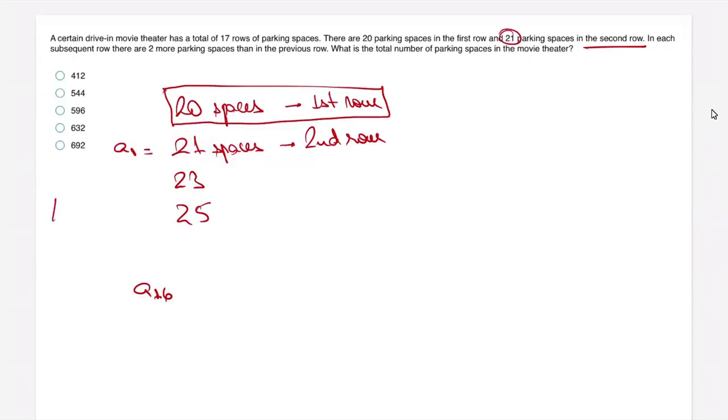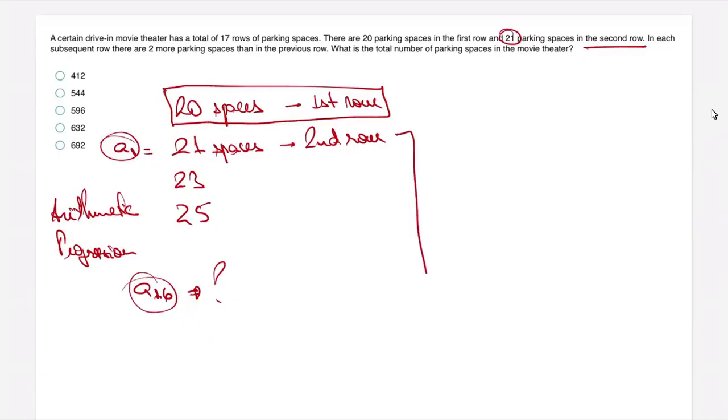The arithmetic progression goes from the second row to the 17th row. So it's from A1 to A16. And I don't know how many spaces are here. He wants the summation of all spaces. So first, I will calculate from the second row to the 17th row.